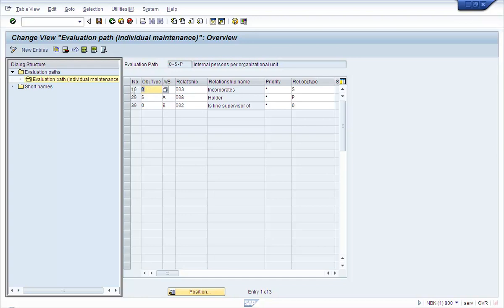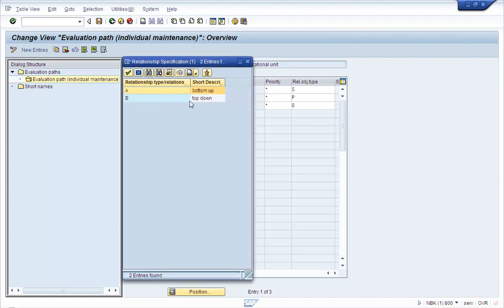Now, if you look at the relationship, the way it is defined is O incorporates the position S. The relationship names defined here are incorporates, holder, and line supervisor of. If you look at A and B, A is bottom up, which means the relationship has to be read from the bottom of the org structure, and B is top down.